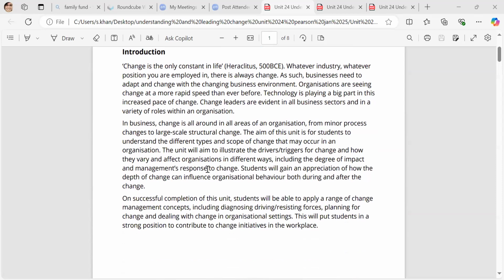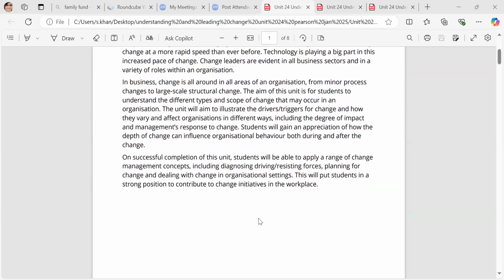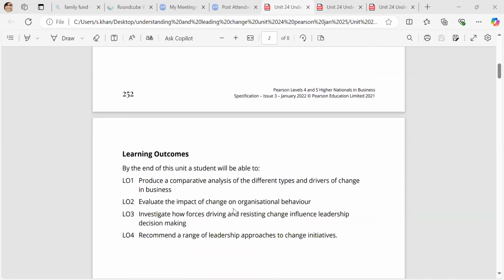It looks at the different scopes of change and the triggers and drivers for change, like external or internal factors. We'll also apply a range of change management concepts, including diagnosing driving and resisting forces and planning for change, and look at change within an organization and behavior. So that's an introduction to it.